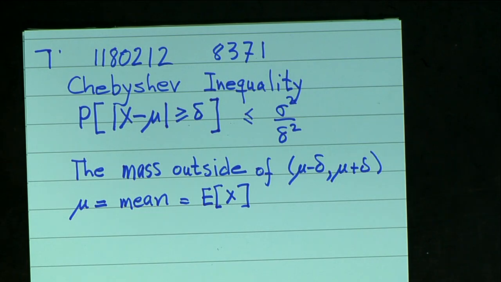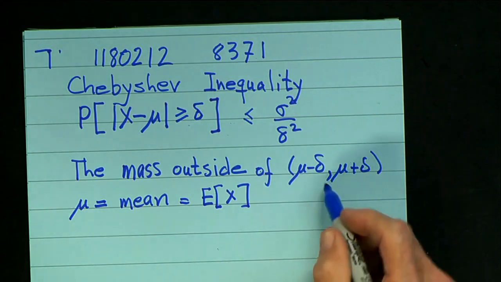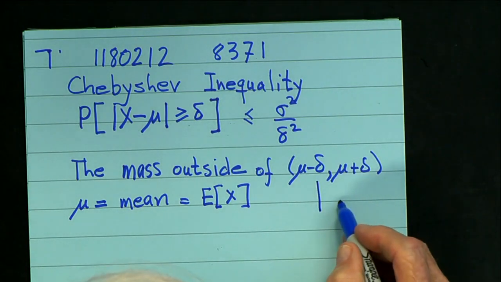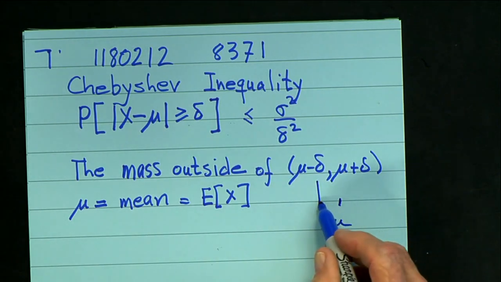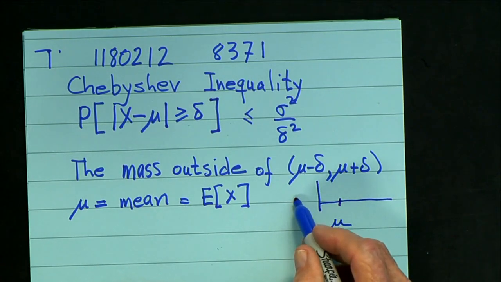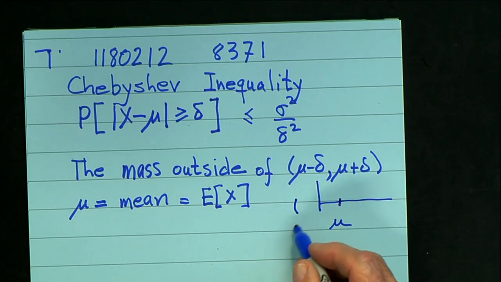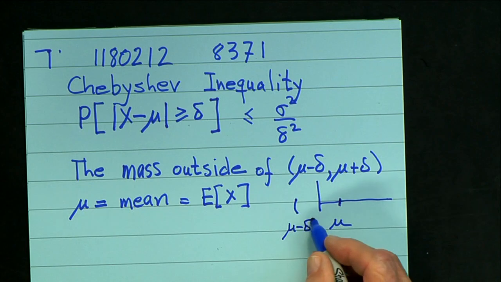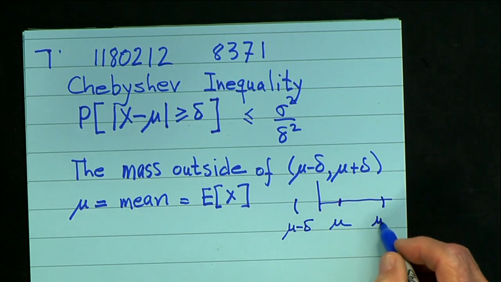Okay, do you know what this means here? So the possibility of mass outside of that range is small. So here's mu, and this is mu minus delta, and this is mu plus delta.